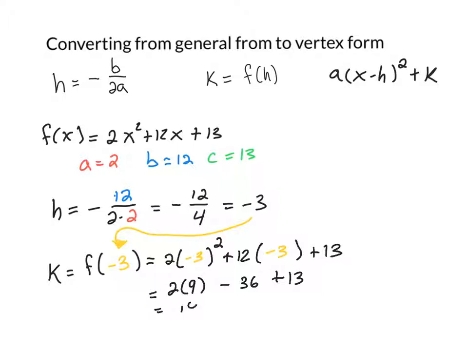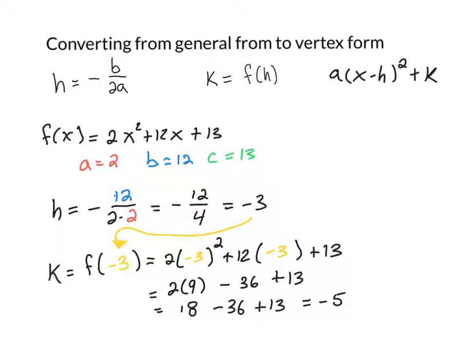So this is 18 minus 36 plus 13. Putting all of this together, I get 31 minus 36, which is negative 5. So I have h equal to negative 3, k equal to negative 5, and a equal to 2.